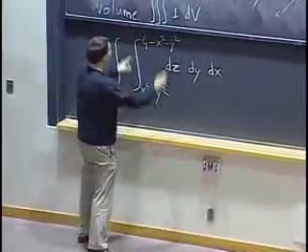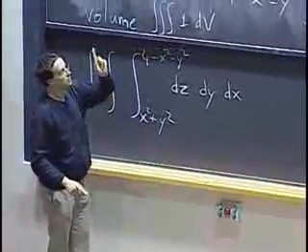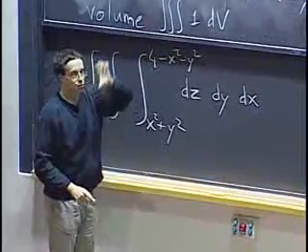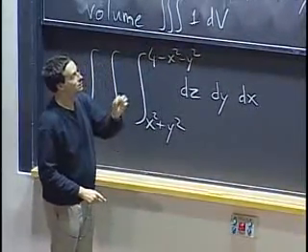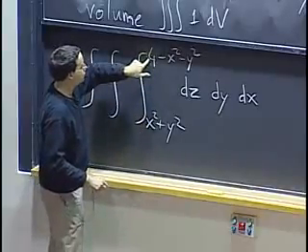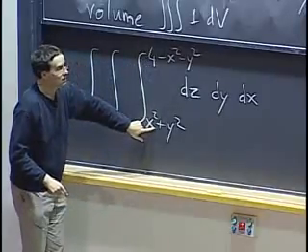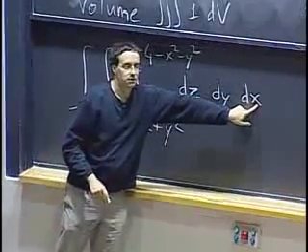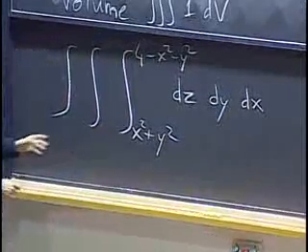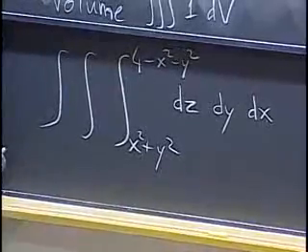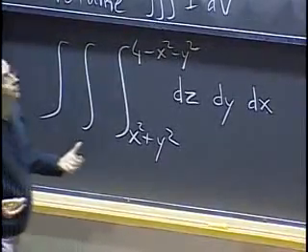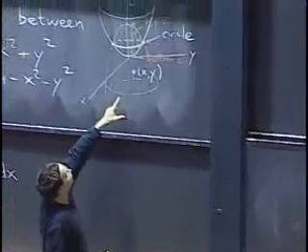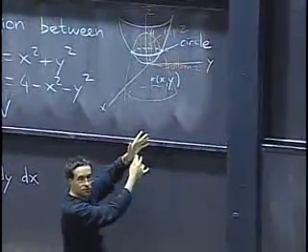I've done the inner integral by looking at, if I slice by vertical lines, what is the top and what is the bottom for a given value of x and y. So the bounds in the inner integral depend on both the middle and outer variables. Next, I need to figure out what values of x and y I will be interested in. The values of x and y that I want to look at are all those that are in the shade of my region.